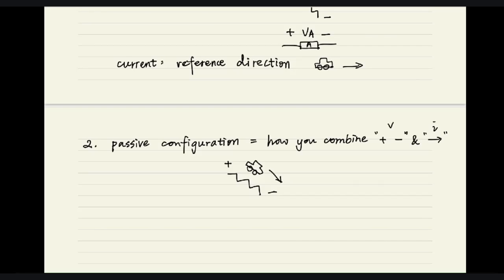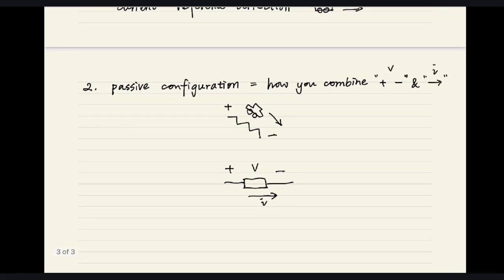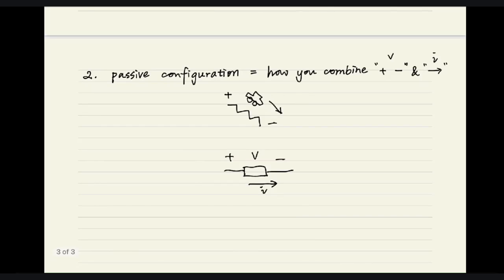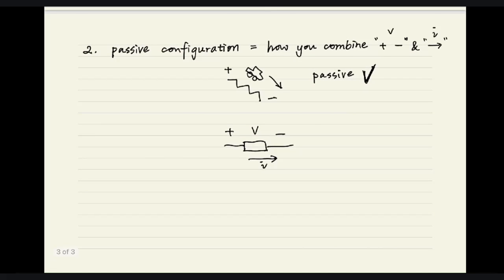So this is an analogy of the passive configuration, where the reference direction of the current flows into the positive reference of the voltage and flows out at the negative reference. So when you see a car running down the stairs, that means it is following the passive configuration. When you see a car running up the stairs, it is not following the passive configuration.